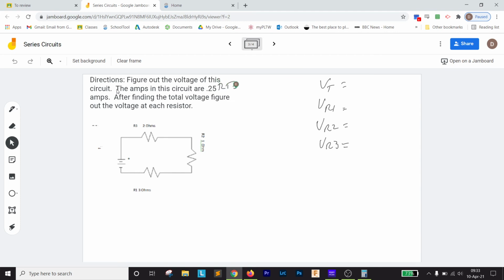R total equals R1 plus R2 plus R3. And R total equals 3 plus 1 plus 2. So R total equals 6 ohms.